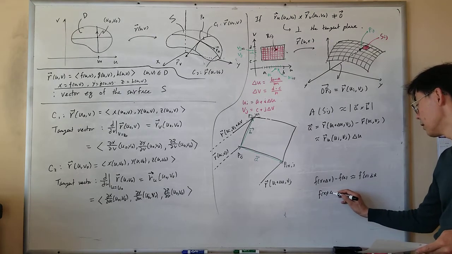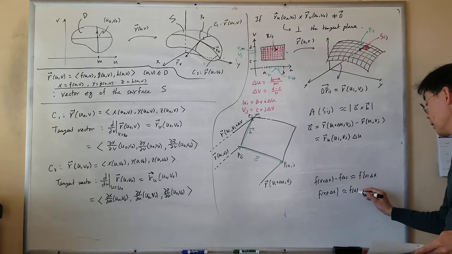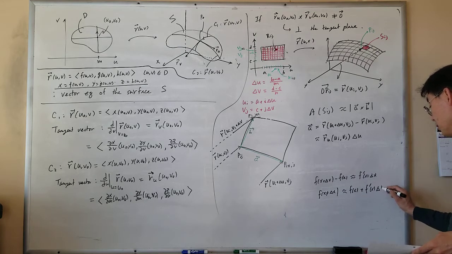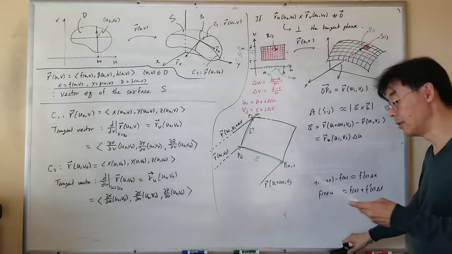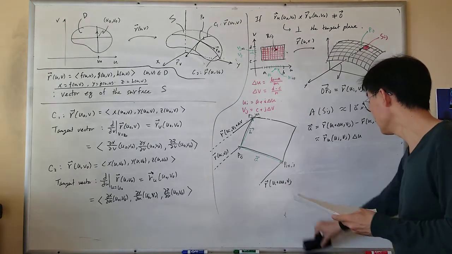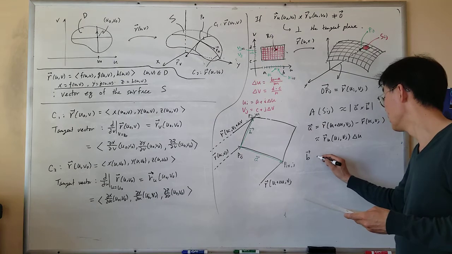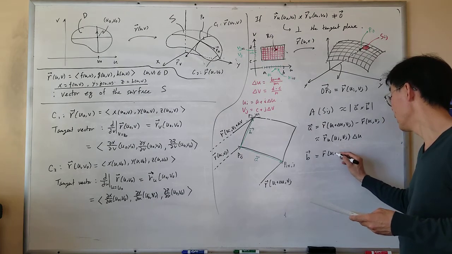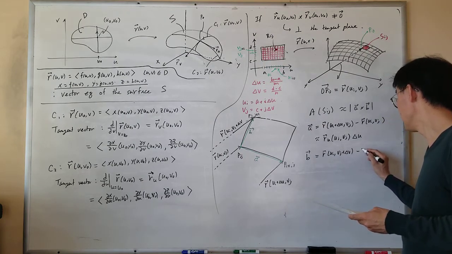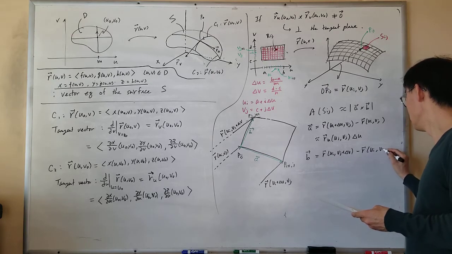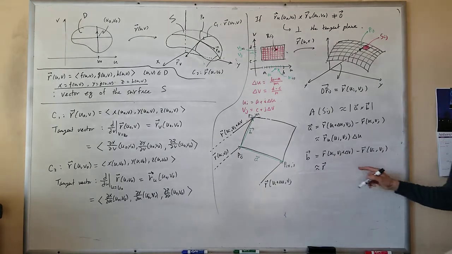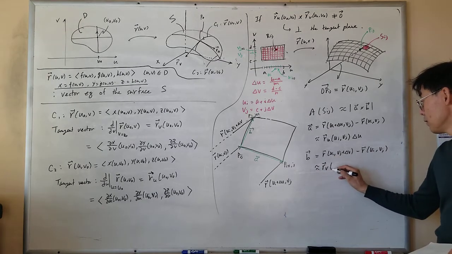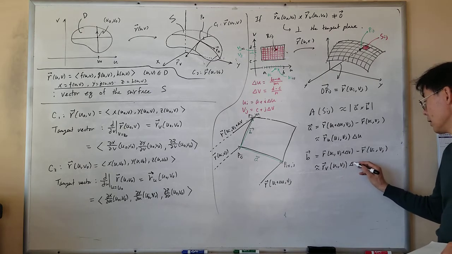This comes from here. V is fixed, so the derivative will be the u partial derivative. Likewise, vector B is r(ui, vj plus delta v) minus r(ui, vj). Now this time u is fixed and v is changing, so it's the v partial derivative at (ui, vj) times delta v.